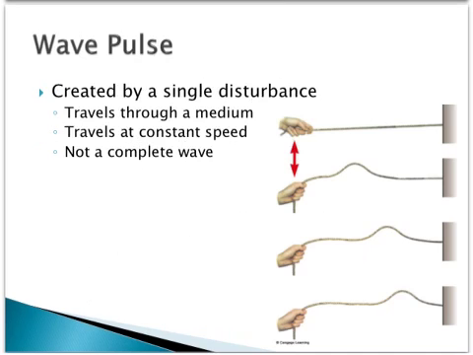Now we're going to look at the different types of waves, and in this unit we're mainly going to focus on mechanical waves. So basically a wave is created by a disturbance. Now if we create a single disturbance, what we get is something called a wave pulse. I'm sure you have background knowledge on what a wave is. A wave pulse is simply half of a wave.